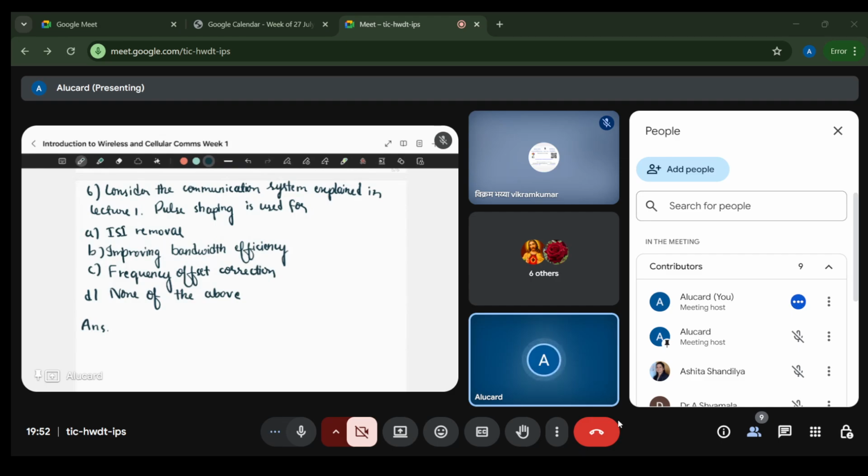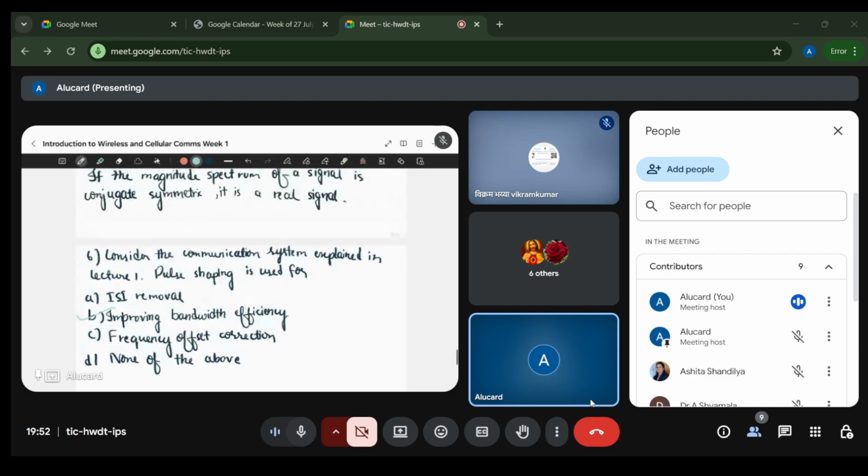But if they ask you for multiple answers, you have to choose ISI removal and improving bandwidth efficiency. So just say it improves bandwidth efficiency.